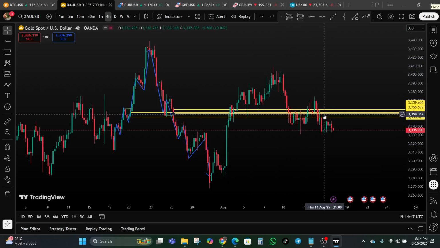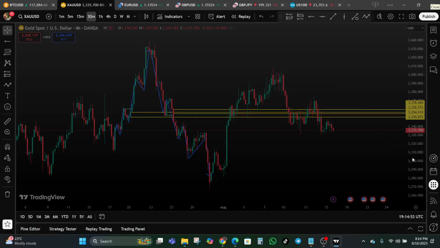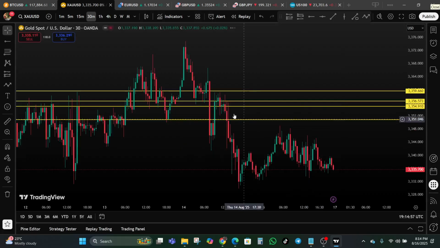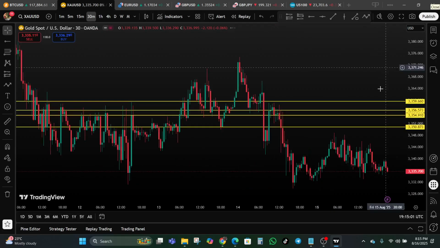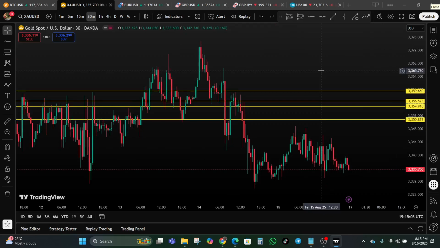Then you can even mark your order blocks on your higher time frame. Then you can also go down to a lower time frame to mark order blocks. Perhaps some order blocks will correspond. You might find an order block on a lower time frame that is within an order block on a higher time frame. So you mark your order blocks, most especially on the time frame that you want to execute your trades on.